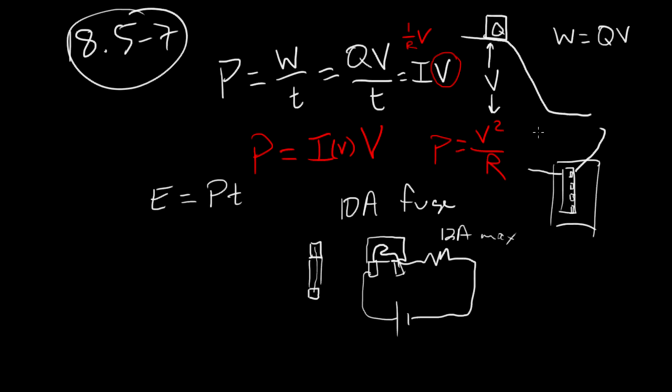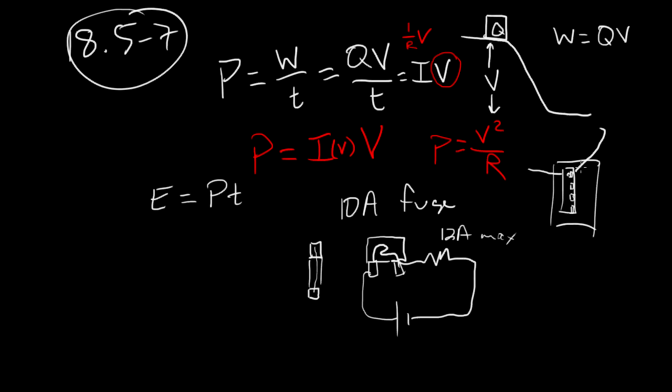If you tried to plug too many things into one circuit, the circuit breaker will trip, and it moves this to about halfway over between off and on. That's how you can tell which one tripped. And you can reset it by switching it to off and then back to on. That's a circuit breaker.